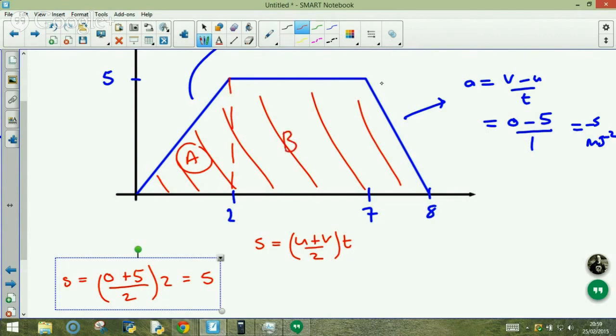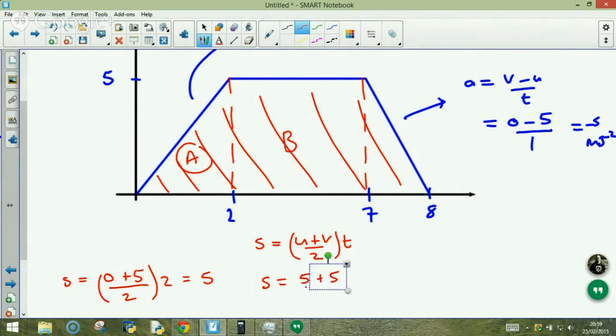For this middle section here, we've got initial velocity is 5, final velocity is 5, half of that is going to be 5, and then the time is 5. So we end up with 10 divided by 2 is 5 times 5, 25 meters covered in that part.